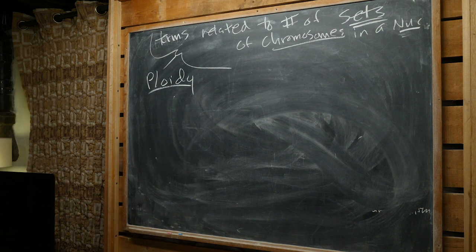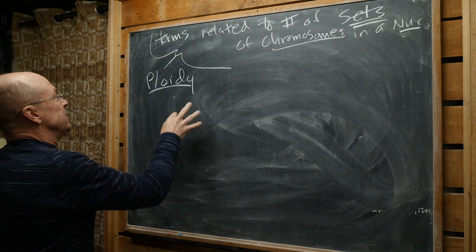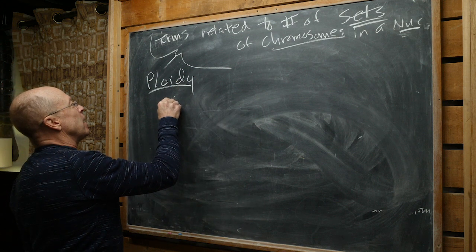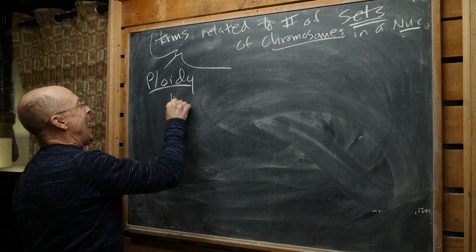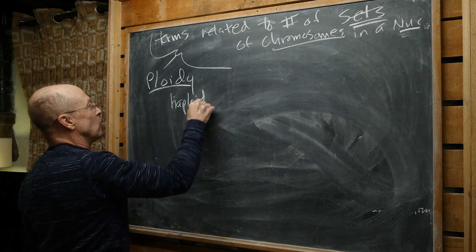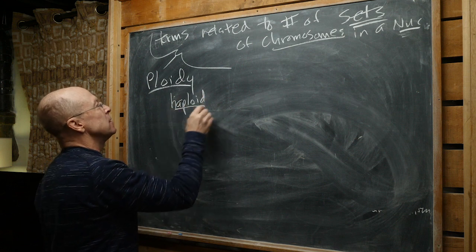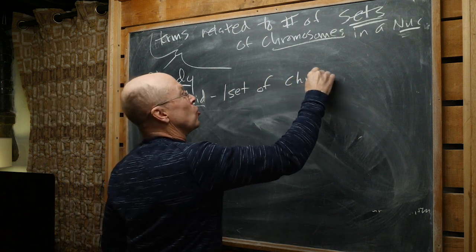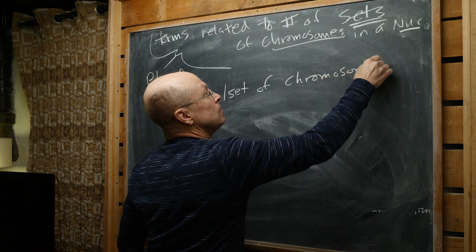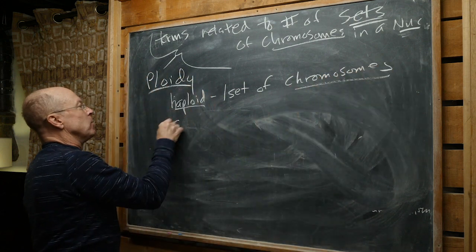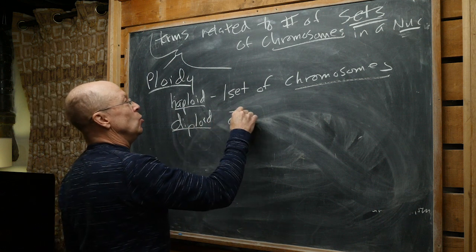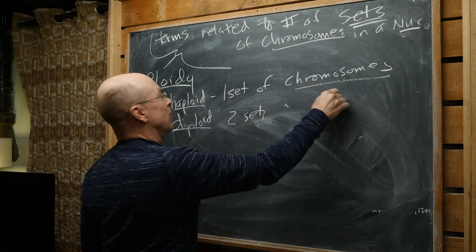And so we have this situation where there are different conditions. We would consider a nucleus as being haploid if it has one set of chromosomes. Then diploid would be two sets of chromosomes.